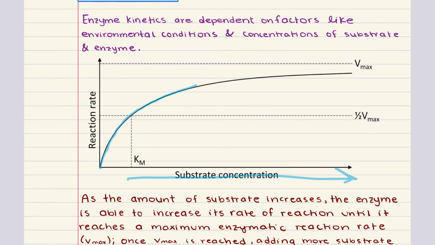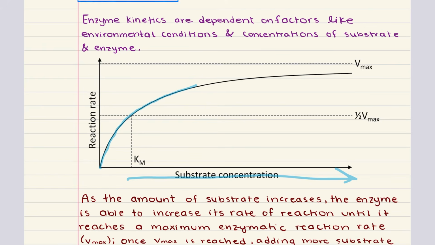Why? Well, because more substrate molecules means more opportunities for the enzyme to bind and convert them into product. However, this increase in rate doesn't continue forever. At some point, every active site on every enzyme is occupied, and this is known as saturation.